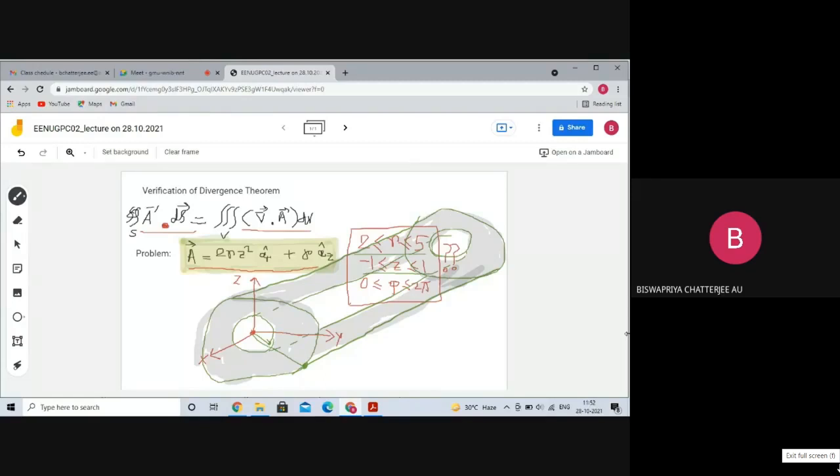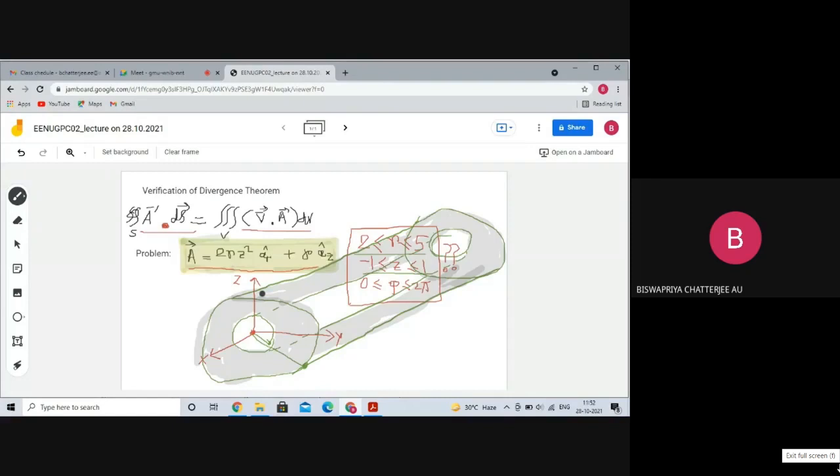So if we use these ranges, 2 to 5, -1 to 1, and 0 to 2 pi, then it will form a hollow cylinder like this. Now I want to mention that if the range of R started from 0 to 5, then it would be a solid cylinder.